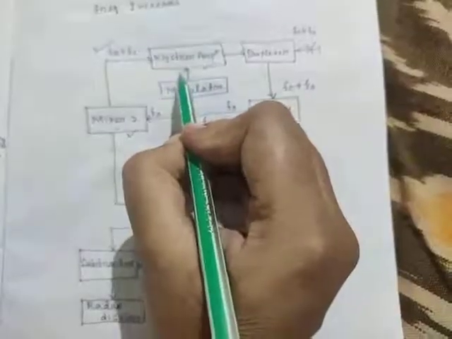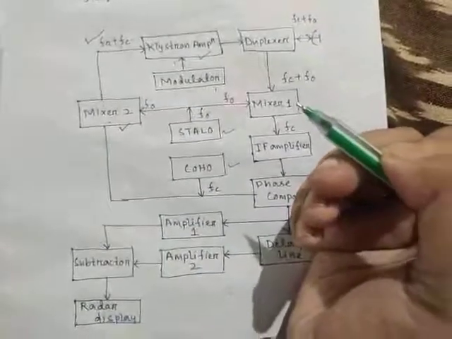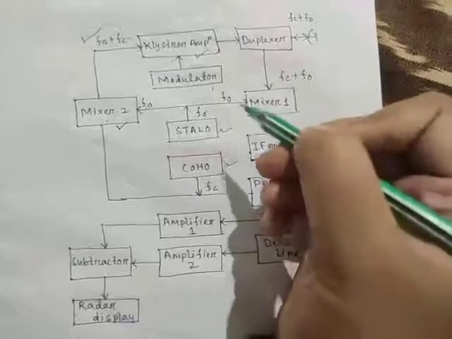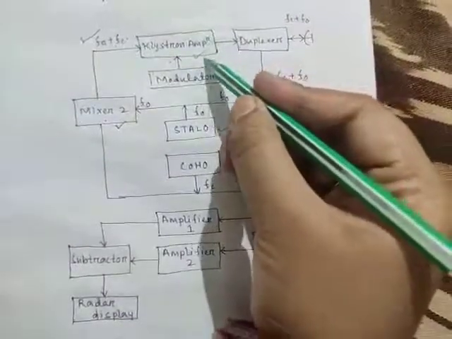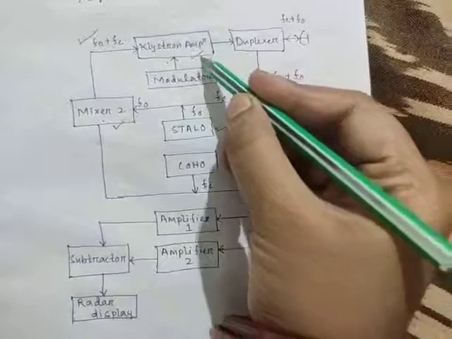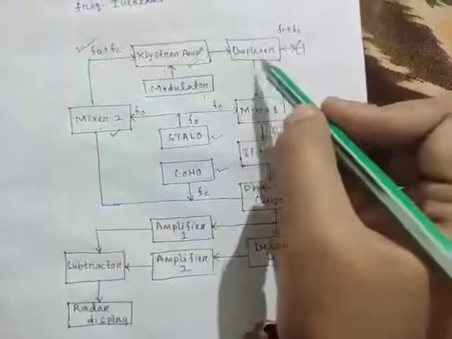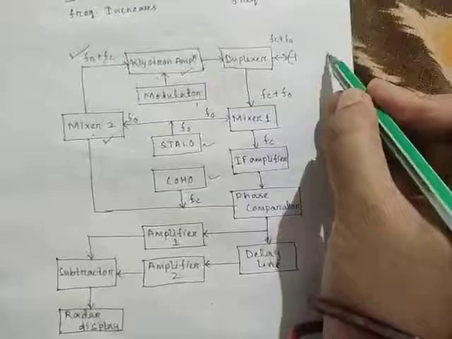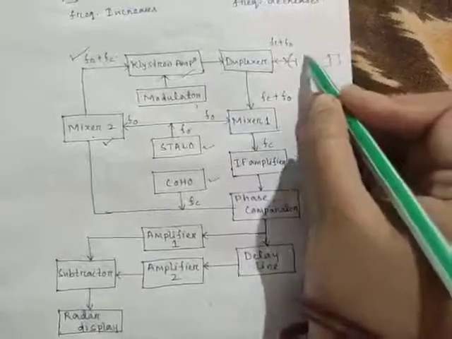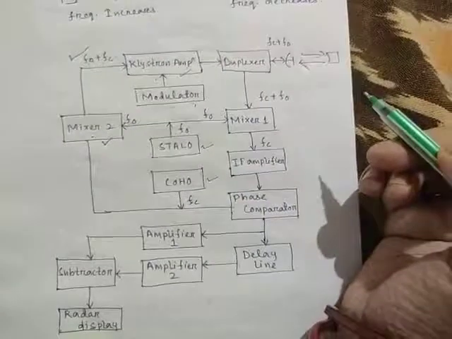To the other input of the klystron amplifier, a modulator is connected. The modulator gives supply voltage to switch it on and off. Then the amplifier amplifies the input signal and transmits it through the antenna towards space where it strikes the target, then returns back towards the radar.